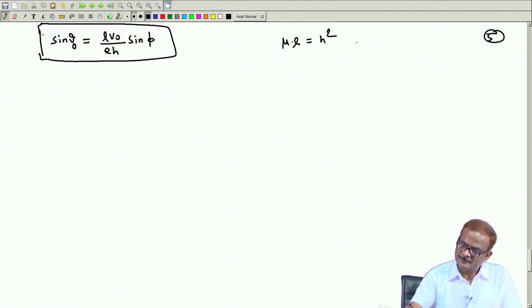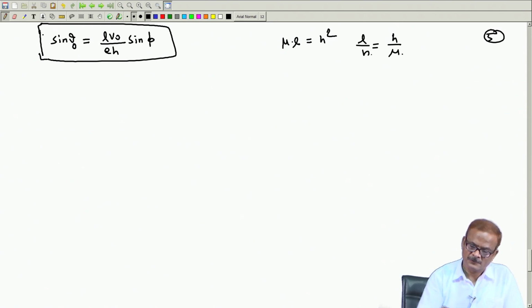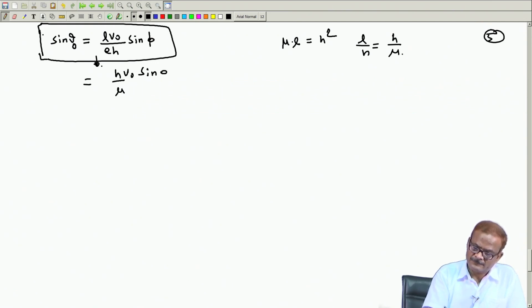If we write L by h, you can see that this will be h by mu. So, this can be rewritten as L by h equal to h by mu V0 sin phi divided by e.